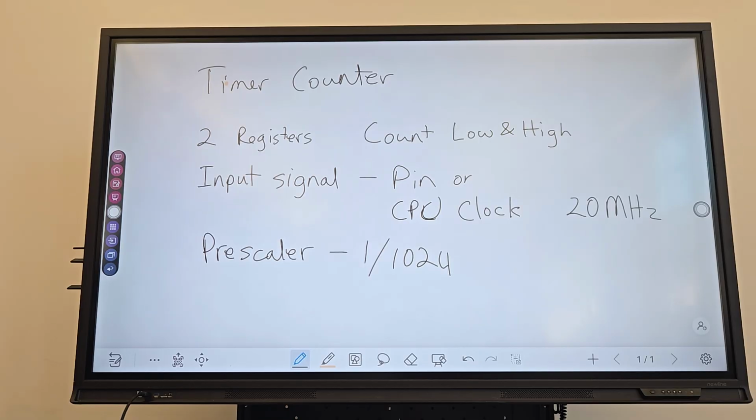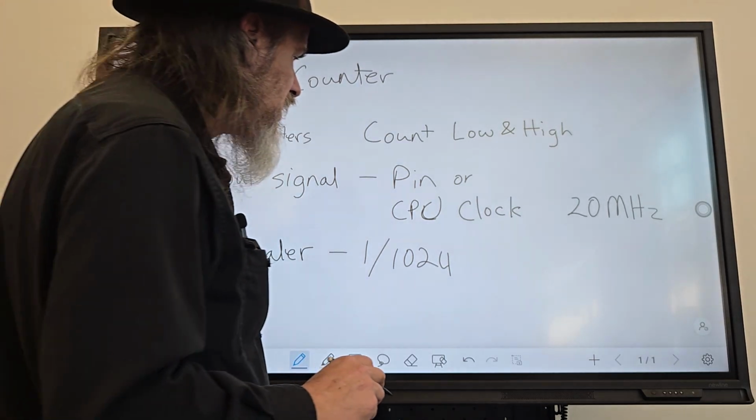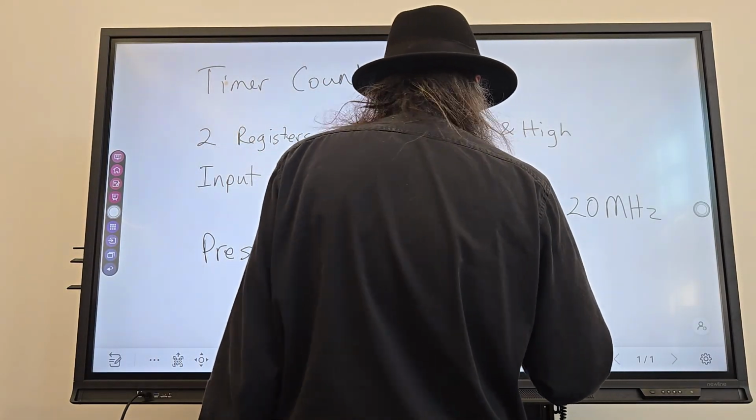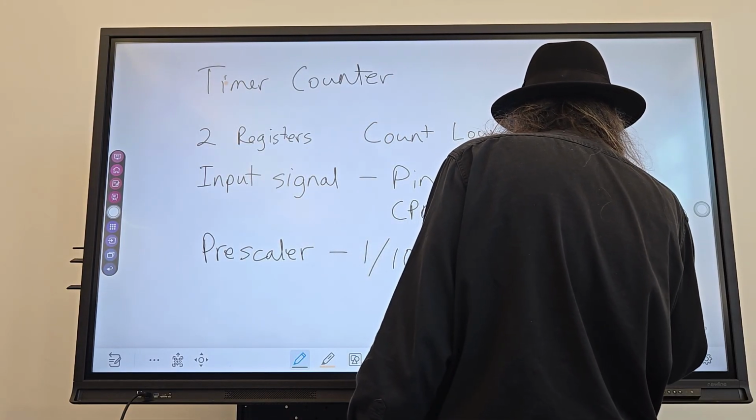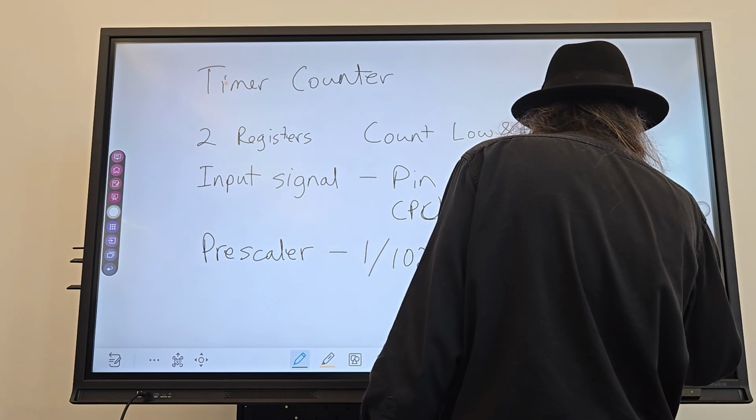What's 20 million divided by 1024? 19,531, so that makes it 19,531 hertz.